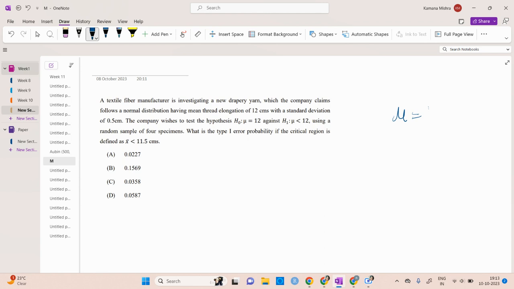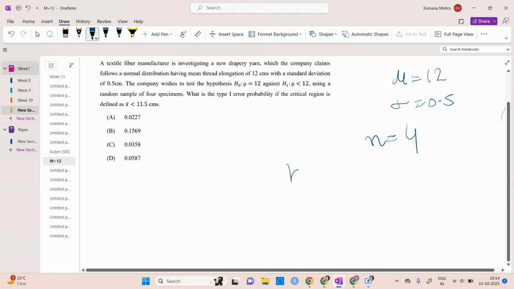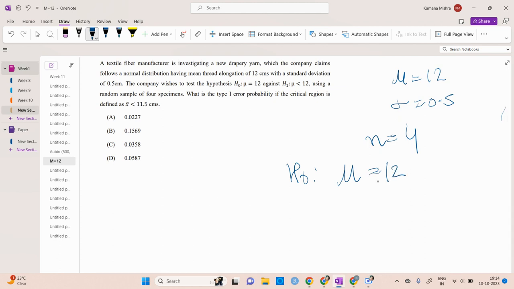The company wishes to test the hypothesis whether the mean is 12 using a random sample of 4 specimens. So n is equal to 4 here, and H0 is mu equal to 12, and H1 is mu less than 12.